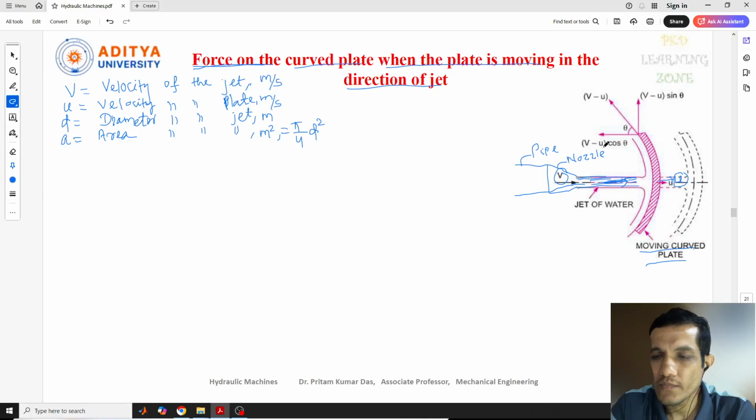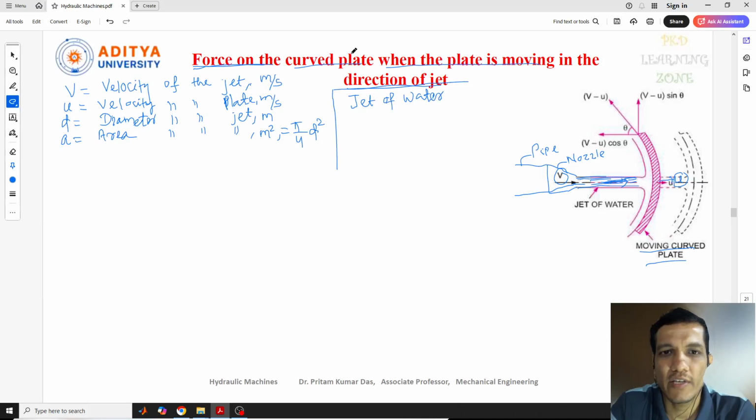Now, in this condition, let us see what conditions can be considered here. For those who are observing this, they can face some difficulty in understanding the concept. For them I'm telling you, here we have taken a jet. A jet is nothing but a jet of water. That means the water is coming out with jet velocity.